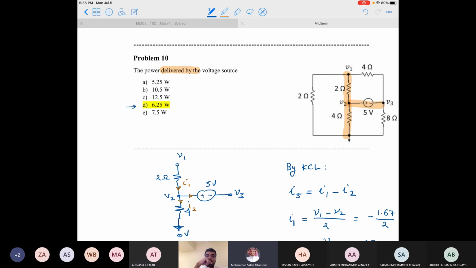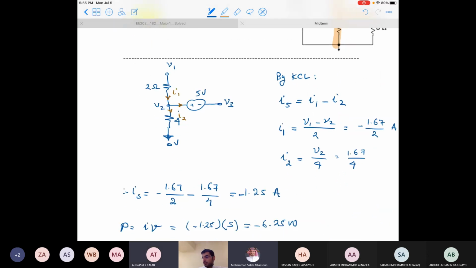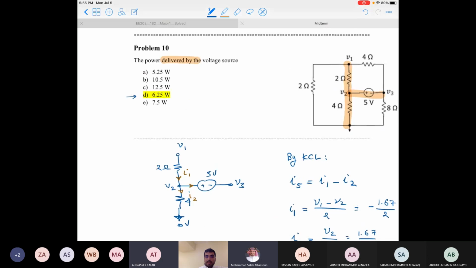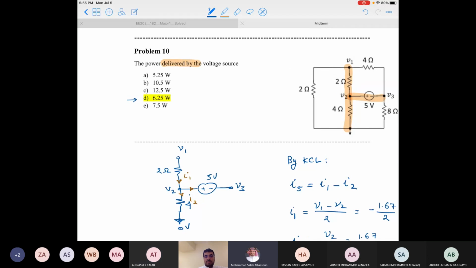So if I ask you this question, Ali, what's the power delivered by the voltage source? What should you tell me now? It is 6.25. Why didn't you tell me negative 6.25? Because you need the magnitude, I think.